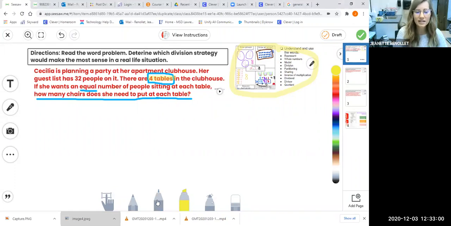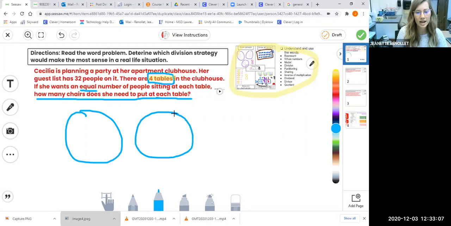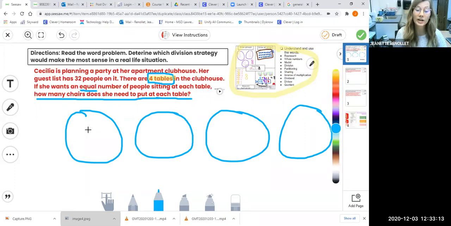And I think that makes sense that you might draw 4 tables or equal groups. Then you might think about how she has 32 people and she wants an equal number at each table.